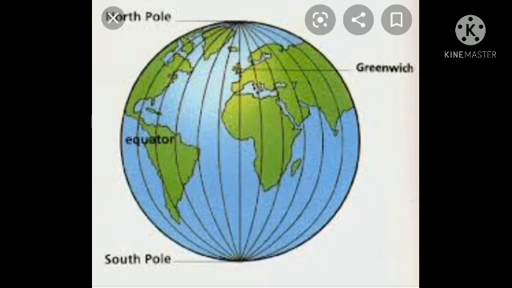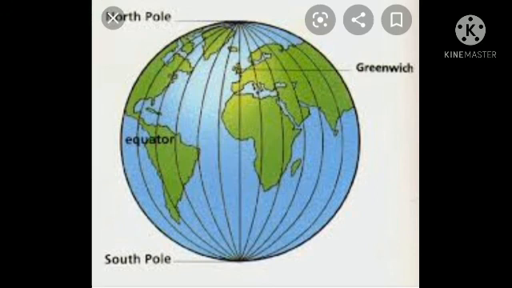It is noon at all the places on that longitude when the sun is overhead, and it is known as the local time of the longitude. And what is standard time? The time of a region or country that is established by law or general use as the civil time is called the standard time of a particular country or place.